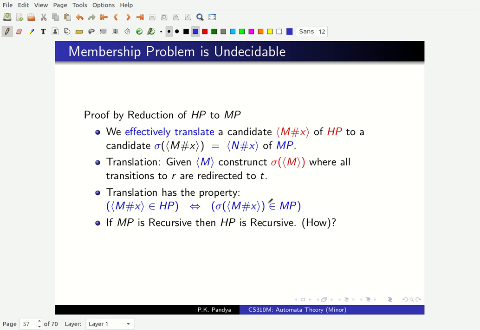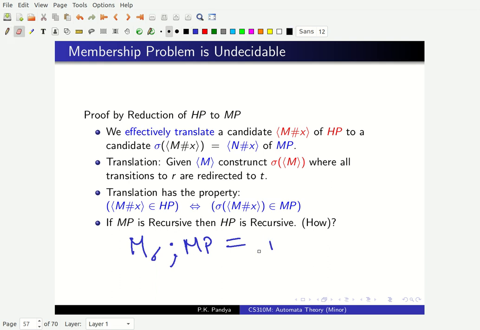And if my MP says yes, then I know that MX should also belong to HP. So I solved the halting problem with a terminating Turing machine. So by combining this translating machine and the machine for MP, I am able to solve HP also. So if MP was a total Turing machine, my constructed machine, which composes the translation machine, M sigma I will call it, followed by this MP machine, will give me a machine for HP.